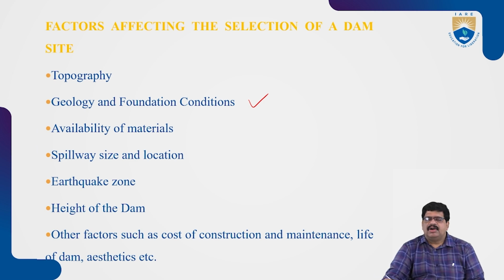That's why you have to study the geological conditions, which type of zone it is, and whether it was an earthquake zone previously. It has to be carefully studied and researched for the particular area, and only then should you approach the construction of the dam. Next, height of the dam.